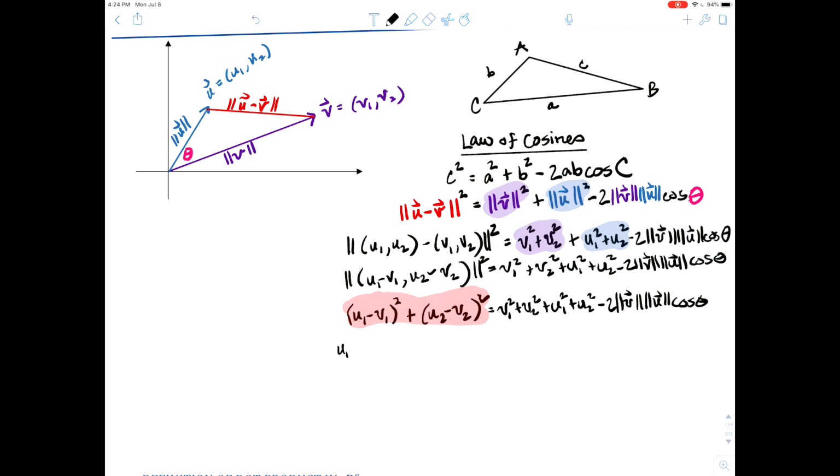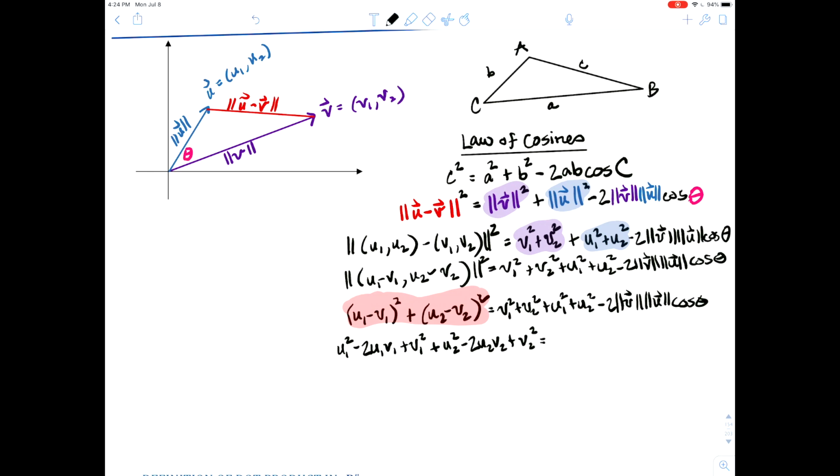So we're going to have u1 squared, right? And then minus 2u1 v1 plus v1 squared. I'm just expanding out the square. And then plus u2 squared minus 2u2 v2 plus v2 squared.